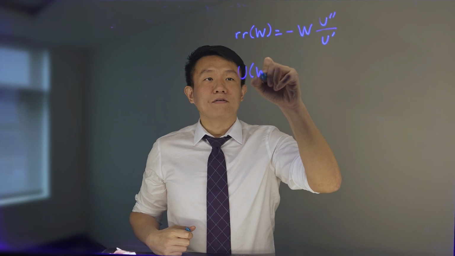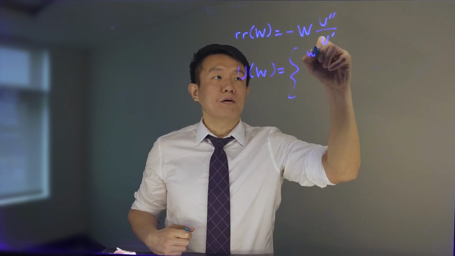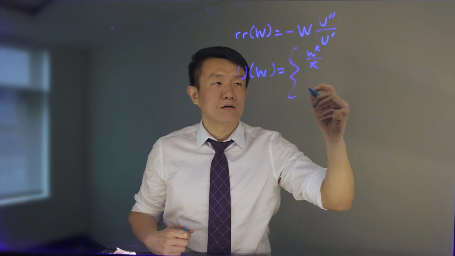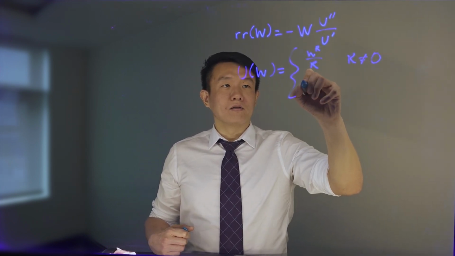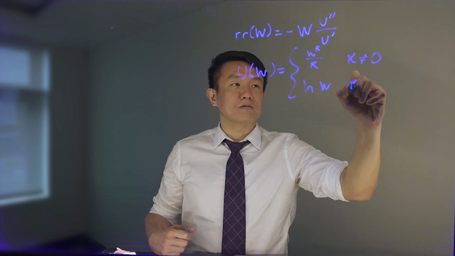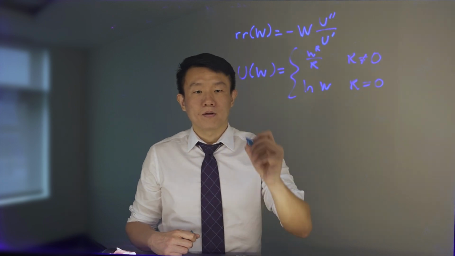If we have a power utility function, so U of W is W to the R over R, as long as R is not zero. Actually, log utility is a special case of power utility when R is equal to zero.